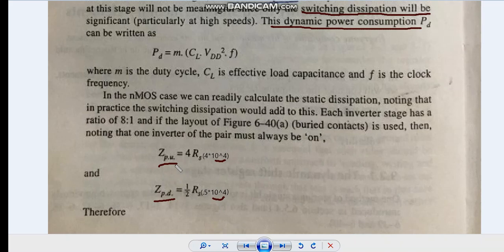The ratio is calculated as length into width: for the pull up 4:1, that is 4 into RS, and for the pull down the L by W ratio is 1:2, so 0.5, with RS remaining 10 raised to 4.